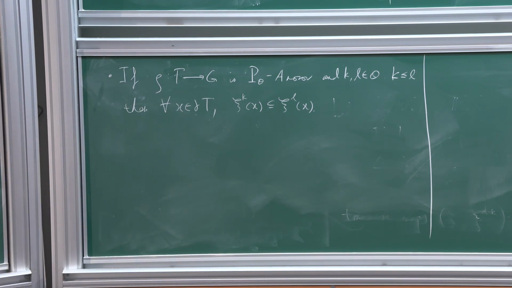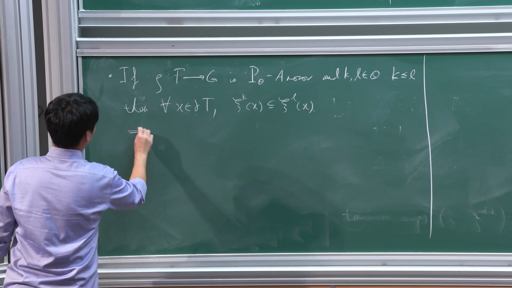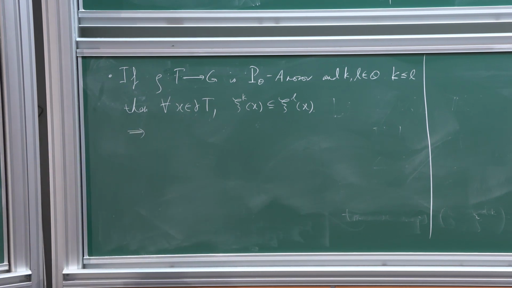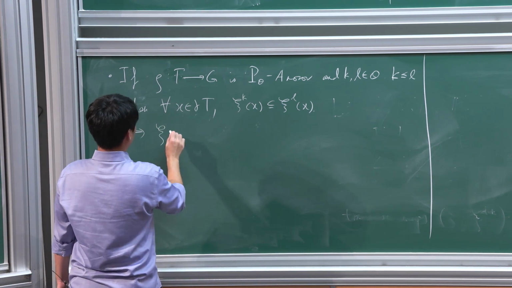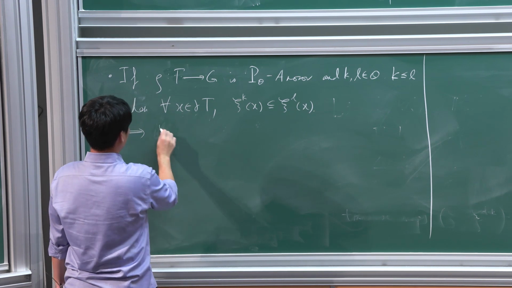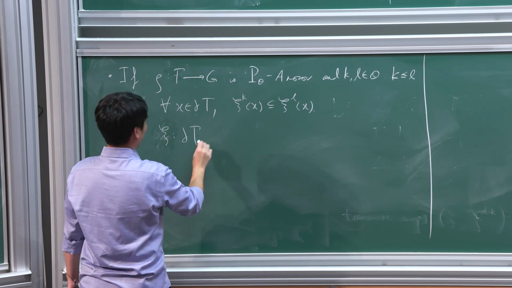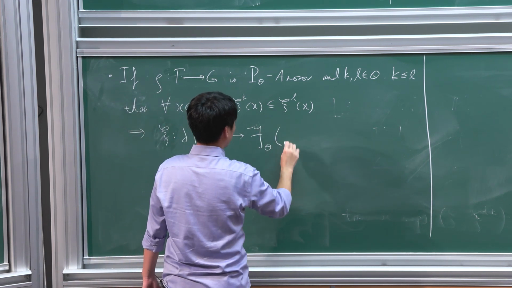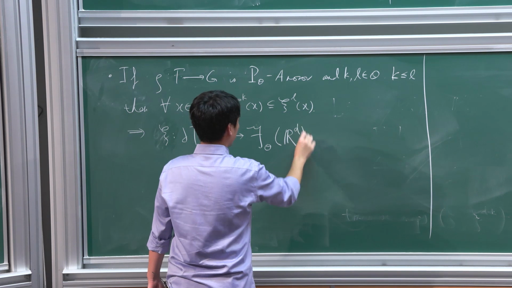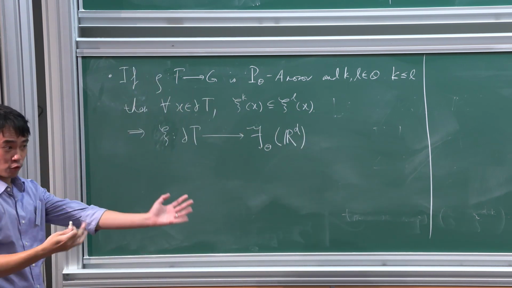And so this tells you that you can actually combine your limit maps together to get a map into the space of flags. So you can make the map C from the boundary of gamma into what I'm going to call F theta of R^d. This is the space of partial flags.